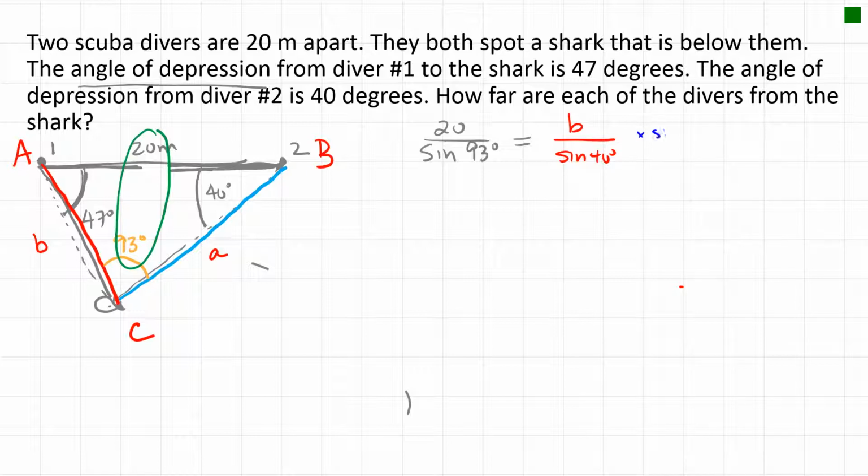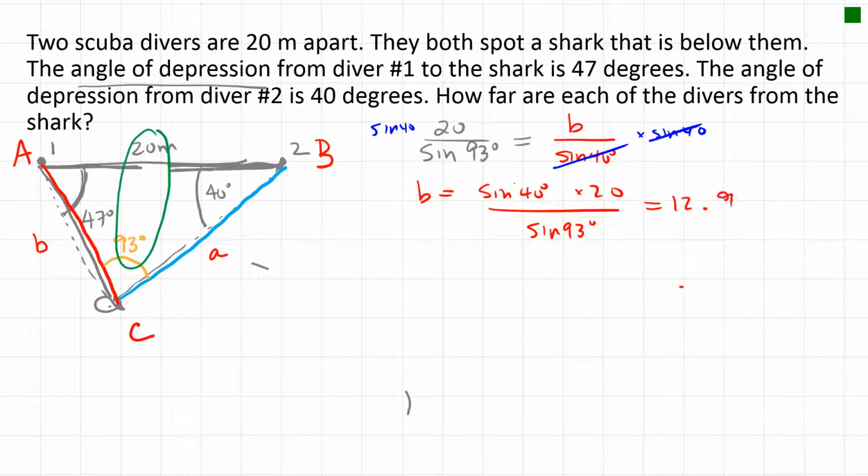Isolating b, I'm going to multiply both sides by the sine of 40, and I end up with b equals sine of 40 degrees times 20 divided by sine of 93 degrees, which equals 12.9 meters. So I just calculated this to be 12.9 meters.